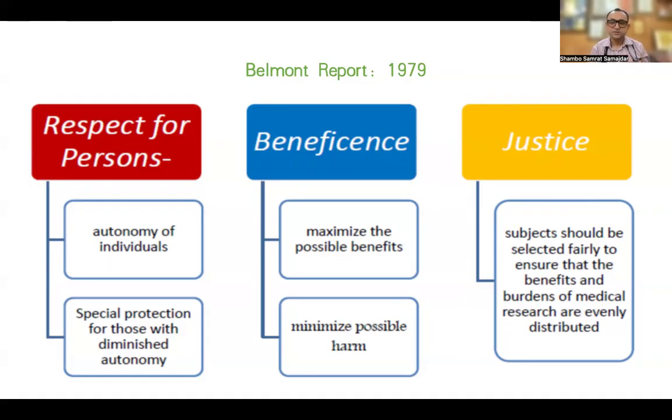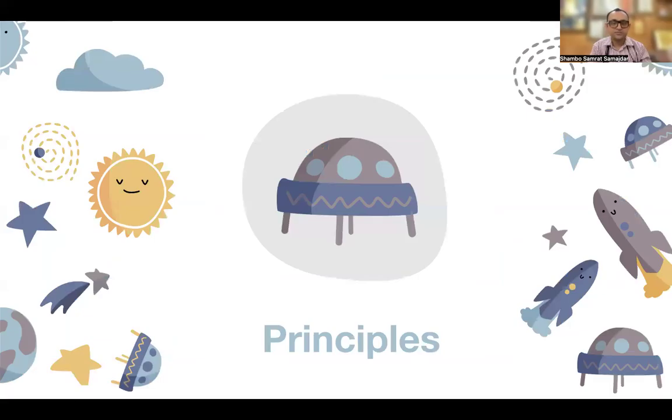And then justice, equitable distribution of getting selected for the sharing of benefit and burden of medical research. So subjects should be selected fairly to ensure that the benefits and burdens of medical research are evenly distributed.